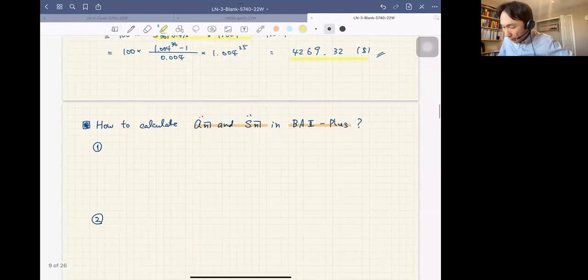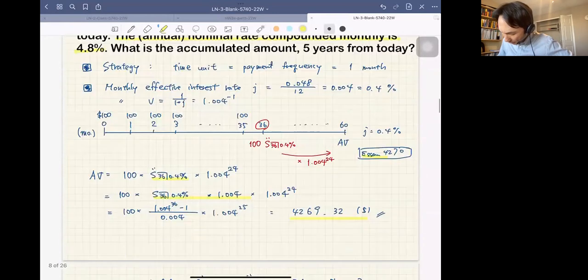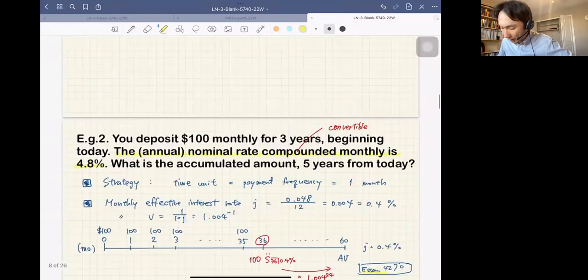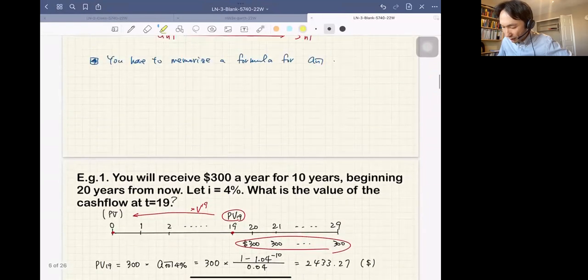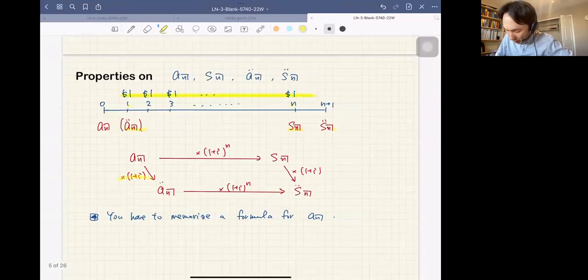Do you have any questions so far? I memorized A angle 36 and S angle 36, but those are similar. So maybe you only have to remember one, and then S double dot and A double dot, probably the easiest way is just shift by one term.